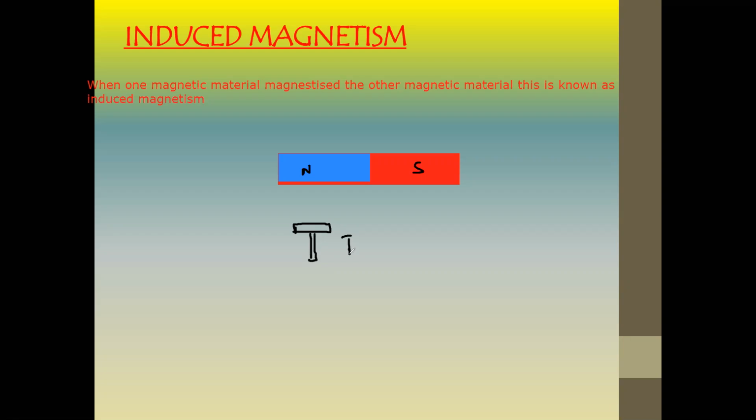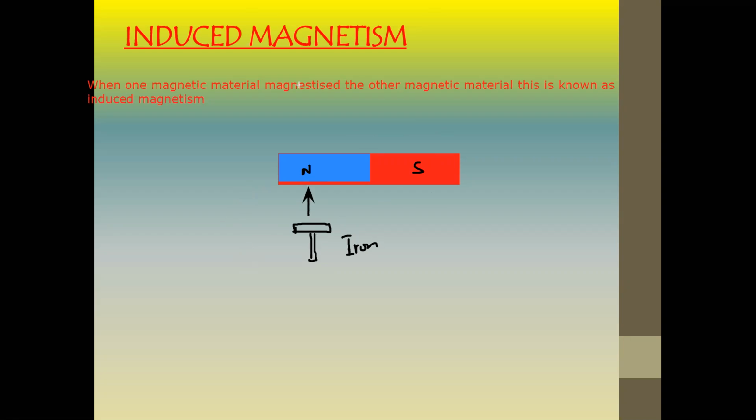Iron is a magnetic material, but initially it is not magnetized because there is no magnetic field. But if I bring a permanent magnet, a magnetic material, what I will observe is that iron is attracted towards the magnet. So iron, originally not magnetized, is magnetized due to the presence of a permanent magnet, and we call that induced magnetism.